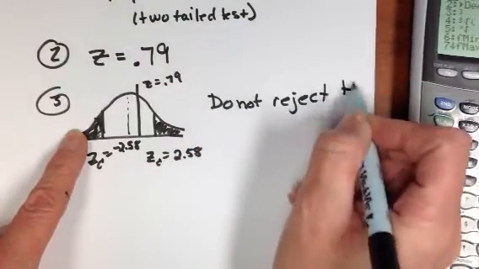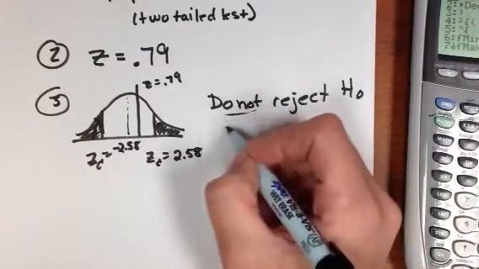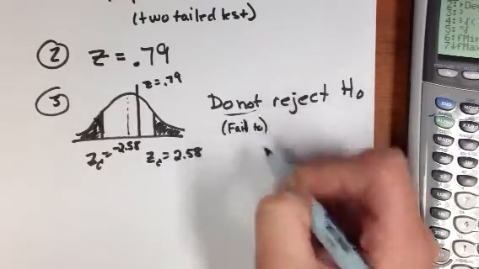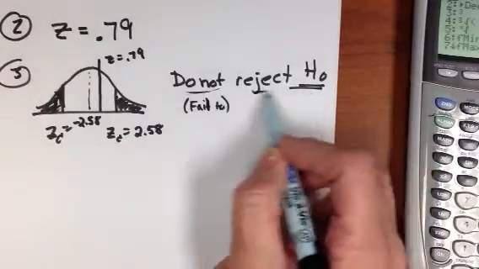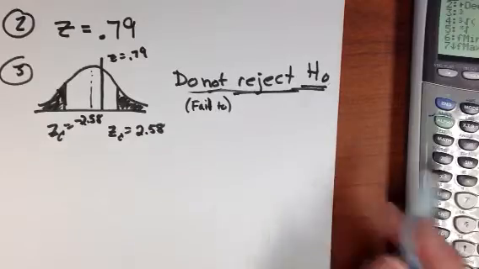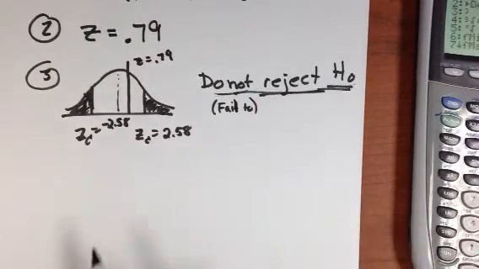See how all these knots go together? Remember, this means the same thing as fail to reject. On WebAssign, it says fail to reject. Make sure you tell me what you're rejecting or not rejecting. You always need to put the H naught there. And it's always H naught. So we do not reject H naught.